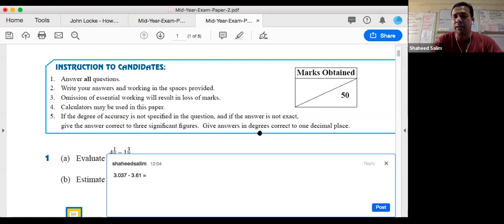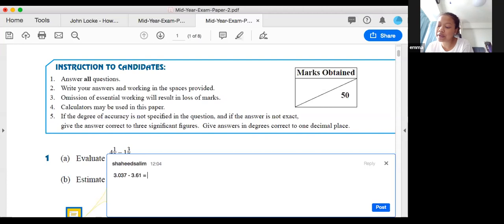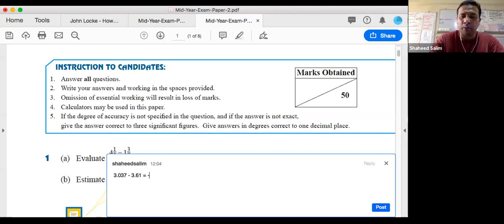Give the answers in degrees correct to 1 decimal place. So 3.037 minus 3.61, your answer is? Minus 0.573. So if you correct to 1 decimal place, it will be minus 0.6.